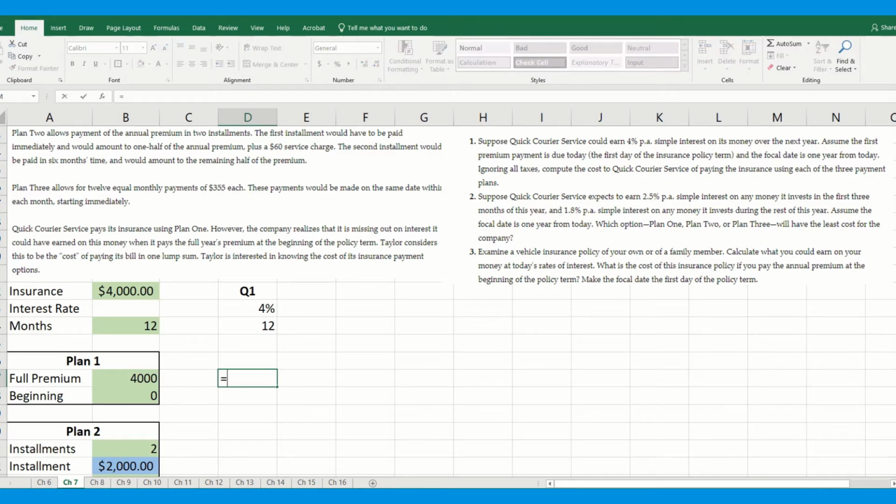So we start with equals. That equals our $4,000. And there's no fee or anything like that. And that's times bracket 1 plus, and we'll use a bracket, and we'll click on the 4%, times, and it's 1 year. So it's 12 out of 12 months.